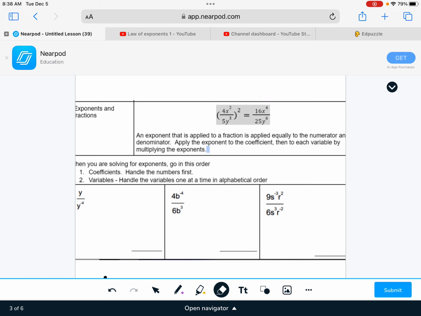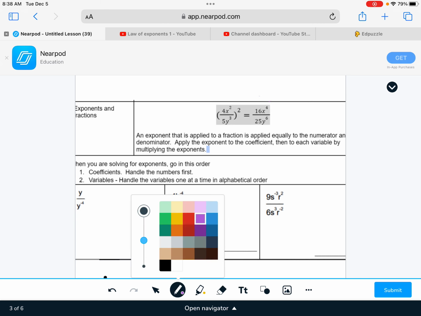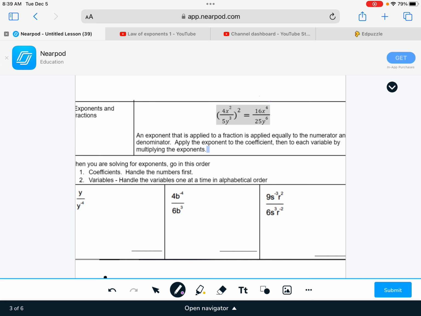The last thing I want to talk about is the work that we have going on here at the bottom. Let's go ahead and talk about how to solve some of these. I want you to look at this -4 down here. That -4 tells us that we're going to switch sides from bottom to top.